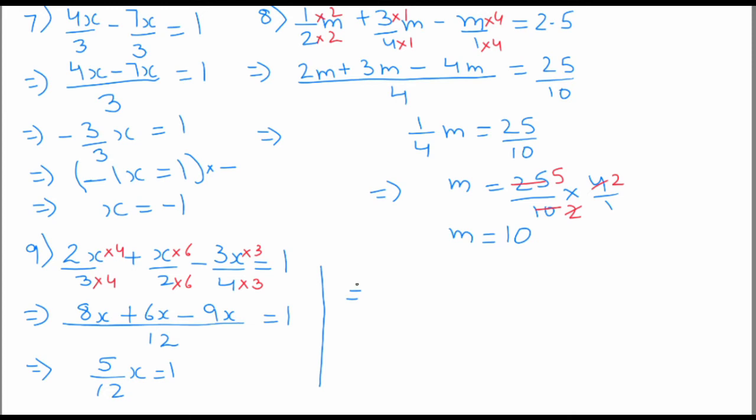So your x will be the reciprocal, that is 12 by 5. x will be 12 over 5. Now it is improper. If you divide it, you will find it will be 2 and 2 over 5. I hope you are getting this all. Coming to the 10th sum.